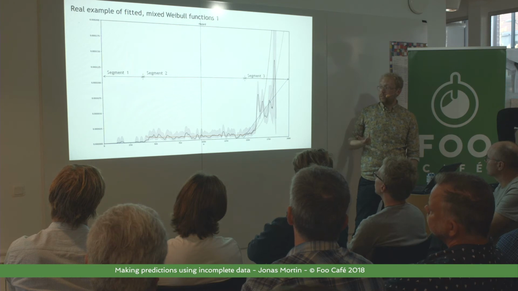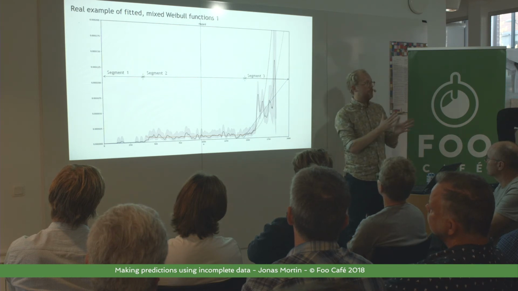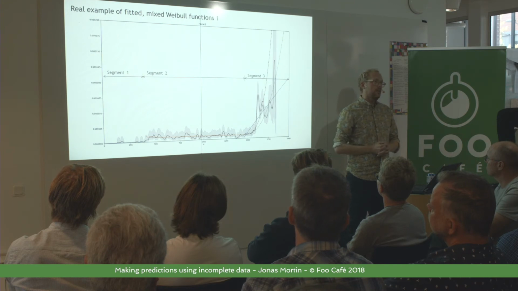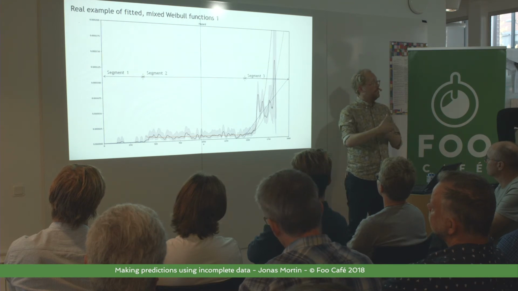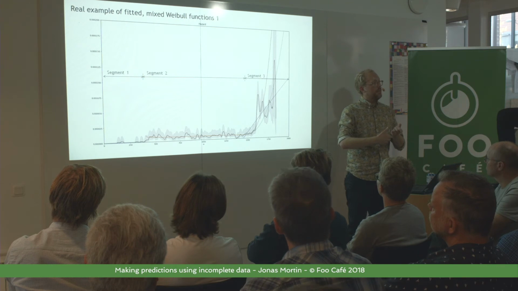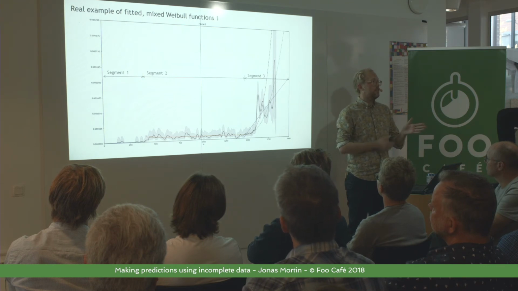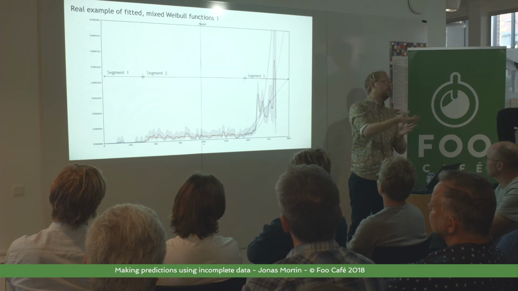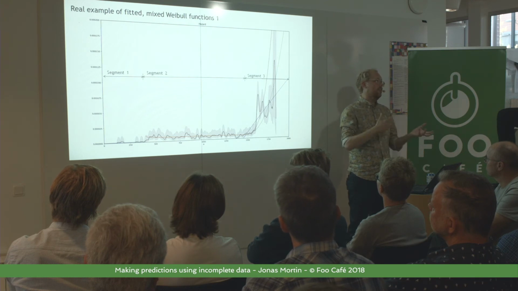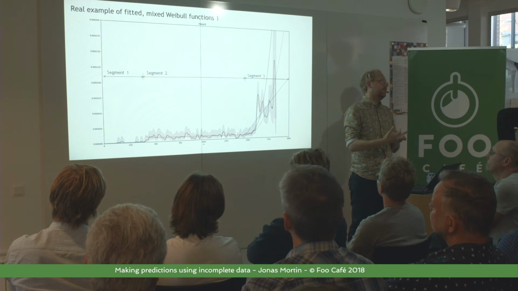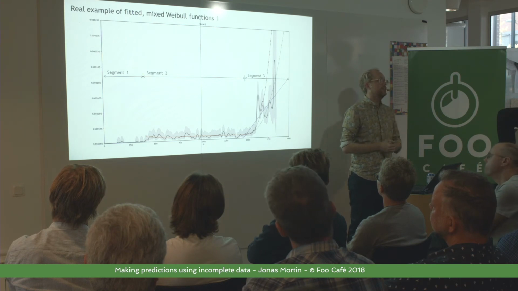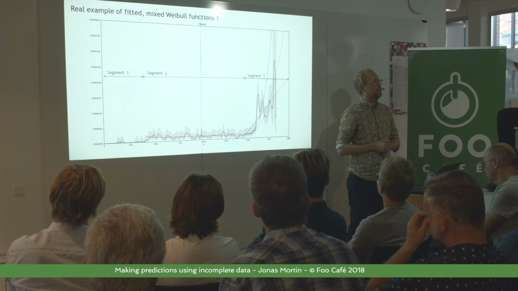I think it's basically because batteries function a little bit different than other types of units, and because it takes some time to drain, even though the device is problematic. And also, since we do tests when we put them up, the worst ones are not put up at customers, and therefore our hazard function for the first segment looks a little bit different than for maybe other typical products.